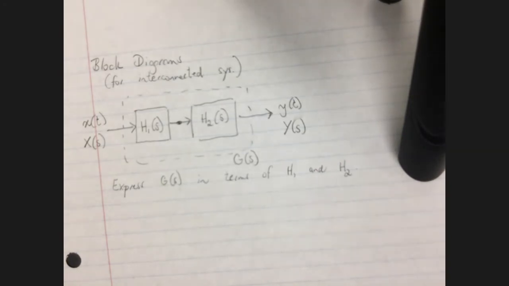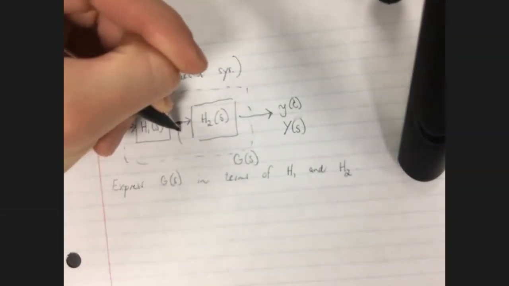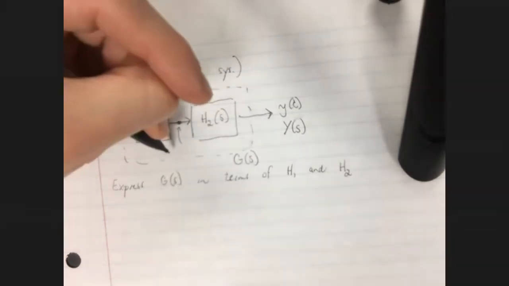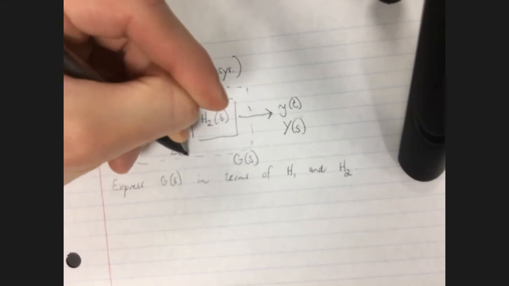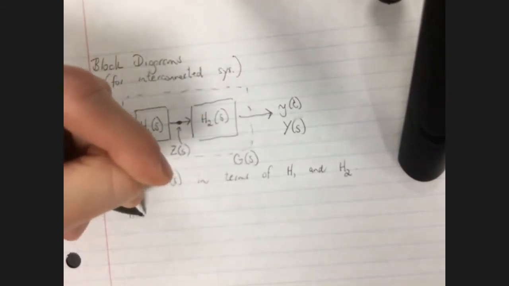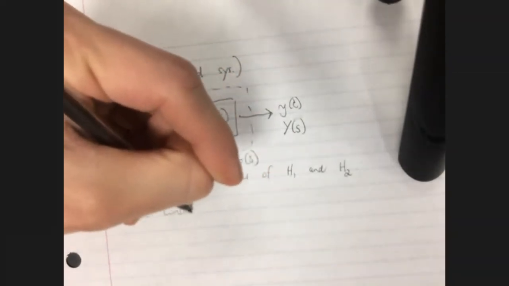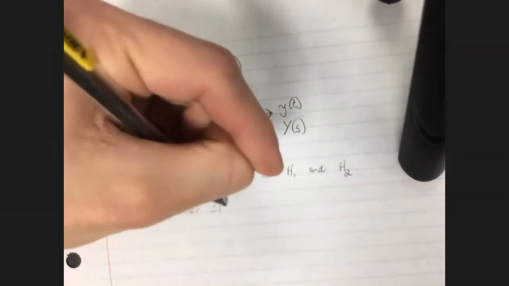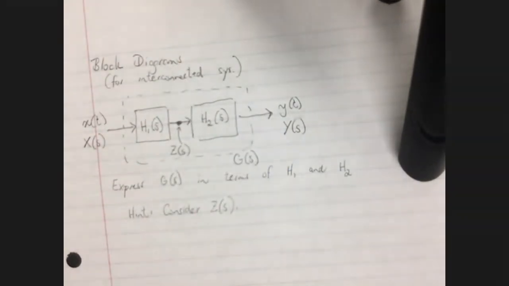Here's a little hint. Let's consider this intermediate signal right here. Let's call it big Z of s. So I'll say hint: let's consider what happens with that Z of s, that intermediate signal. I'll give you a minute or so to express G of s in terms of H1 and H2.